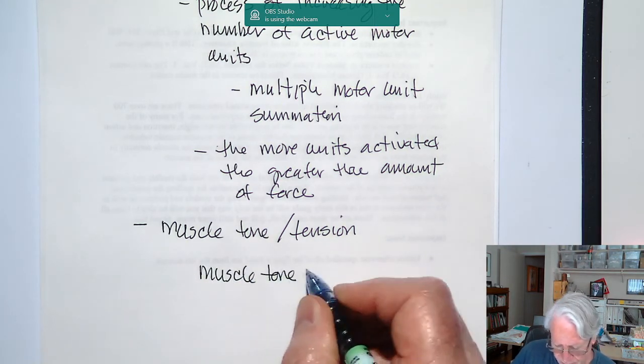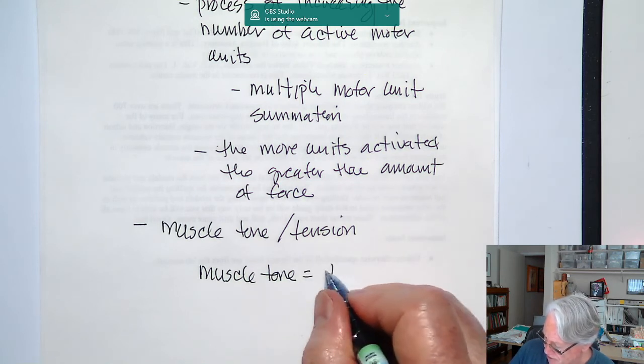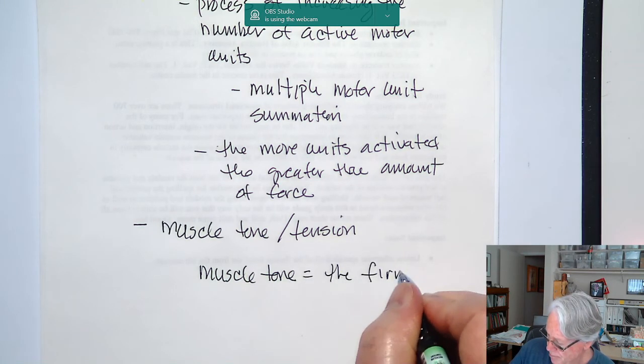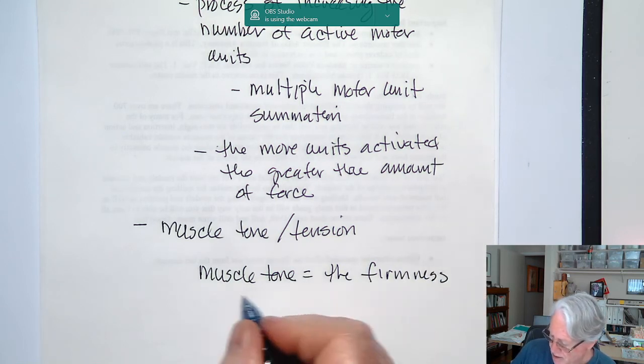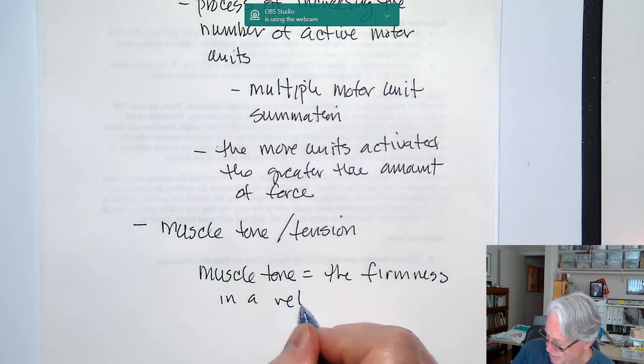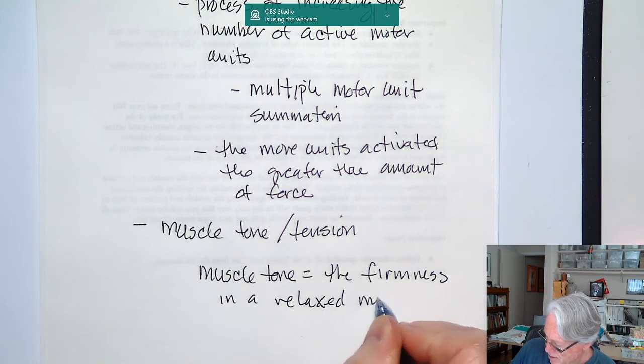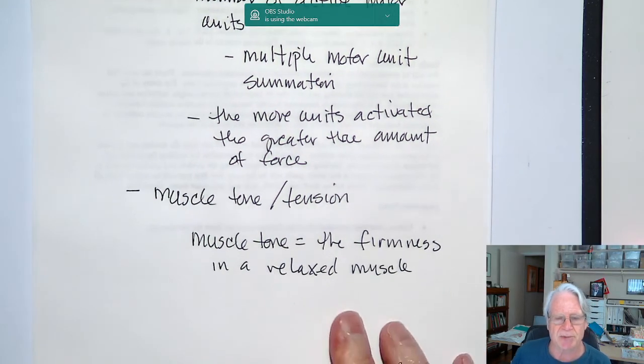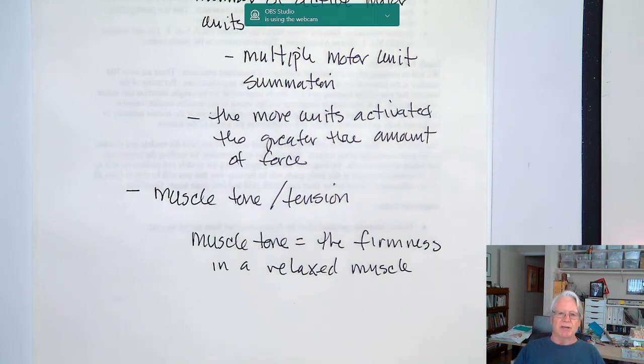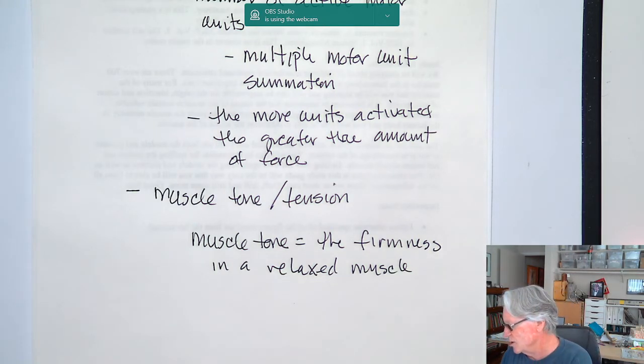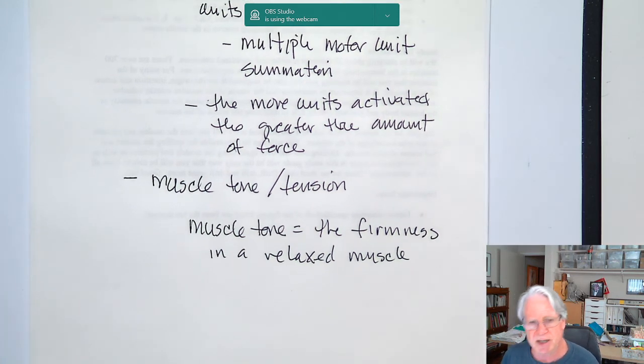Muscle tone is the firmness in a relaxed muscle. And that's why I say it's not directly related to the subject we've been talking about, because we're not applying force. This is a relaxed muscle. But I don't know where else to stick this discussion. I think it makes sense to stick it here because we're talking about recruitment and motor units. So anyway, be that as it may, muscle tone, the firmness in a relaxed muscle.